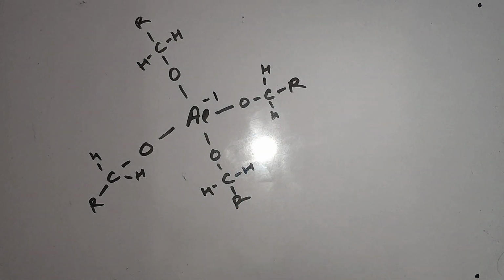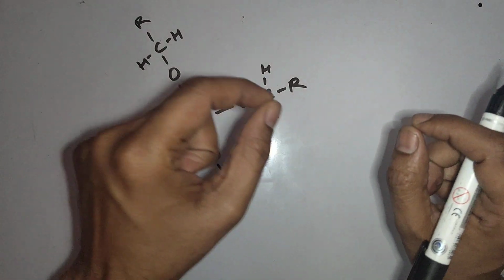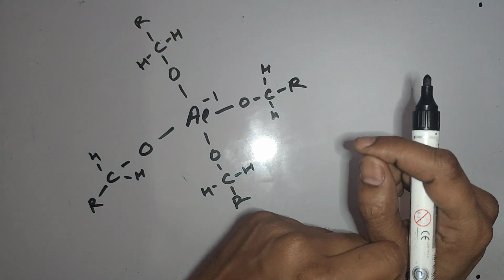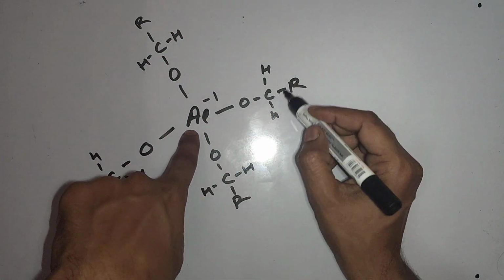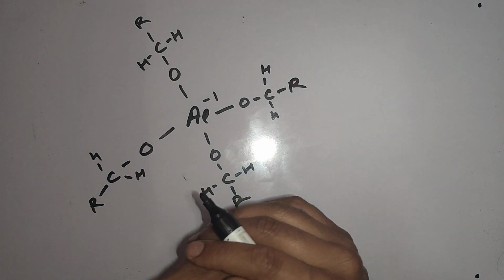Negative charge. This is known as the aluminium alkoxide intermediate. Aluminium alkoxide, alkyl and oxygen, alkoxide intermediate.